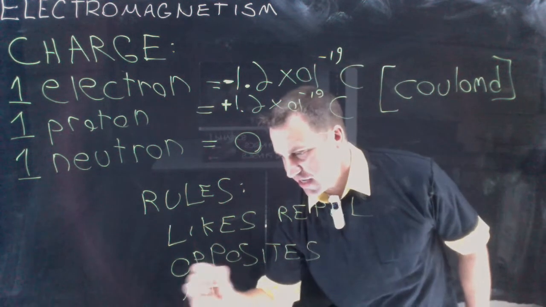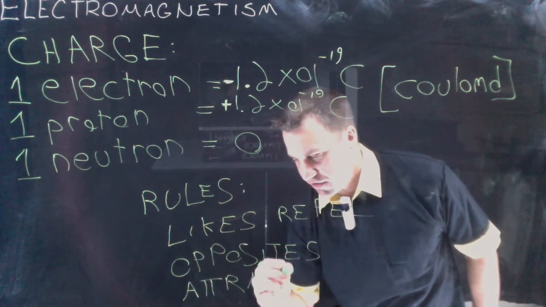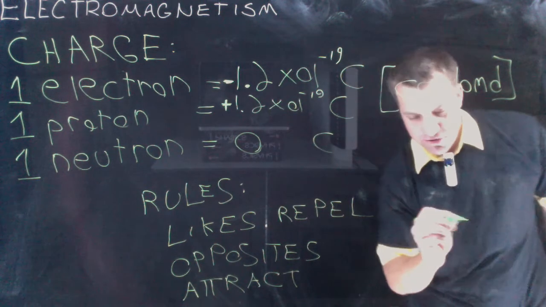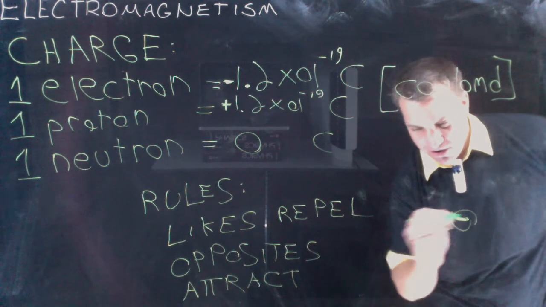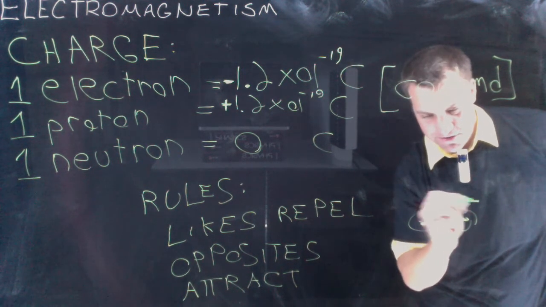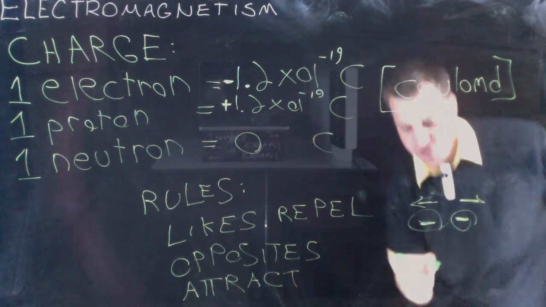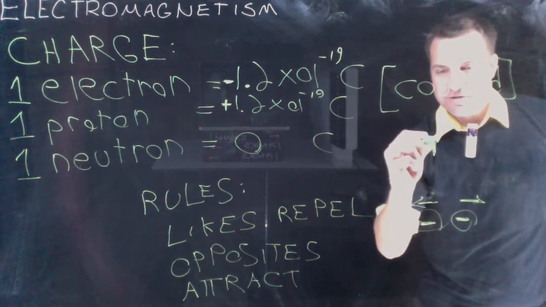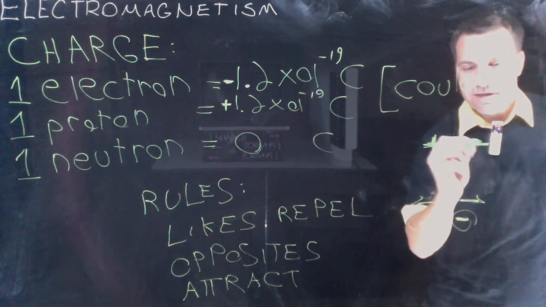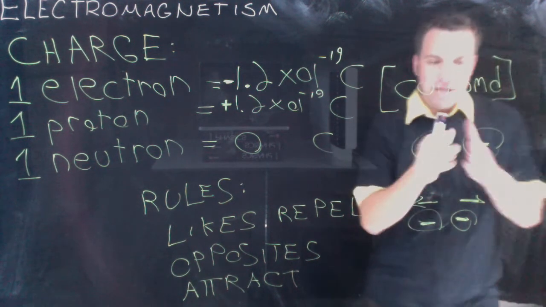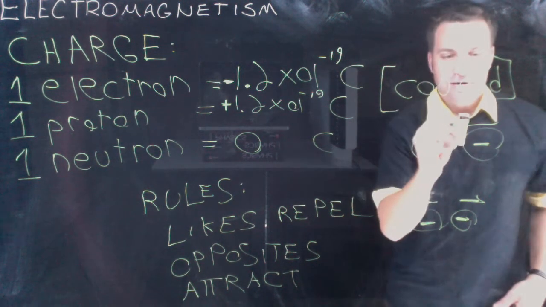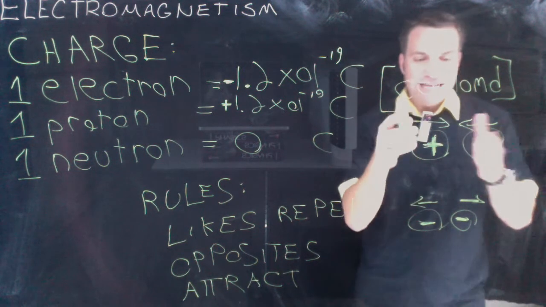If I take two negative charges and put them right next to each other in space, they'll repel. There's a force trying to push them apart, okay? If I take a positive charge and a negative charge, there is an attraction between them trying to pull them together, okay?